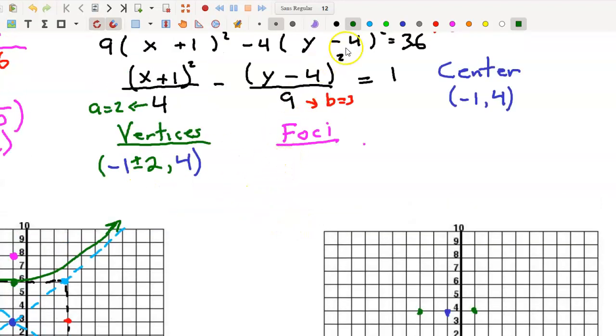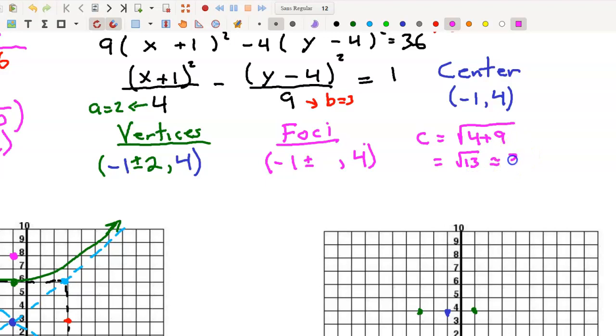And our foci, very similar. We'll have -1 plus or minus C, comma 4. Okay? And the C, I think, is the same, so it's going to be square root of the 4 and the 9. So we get root 13, which is about, was it 3.6?